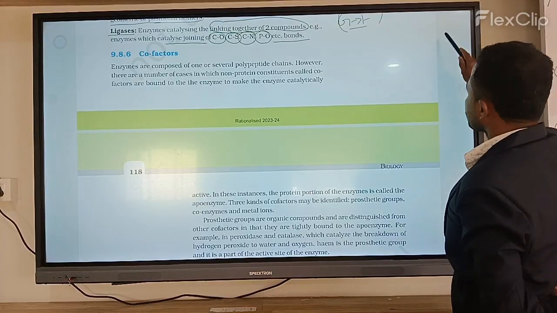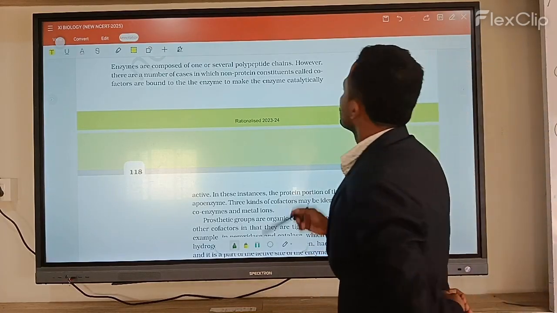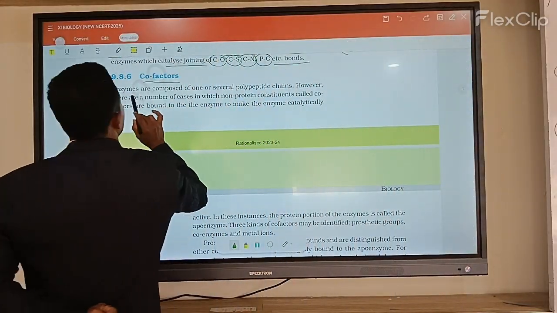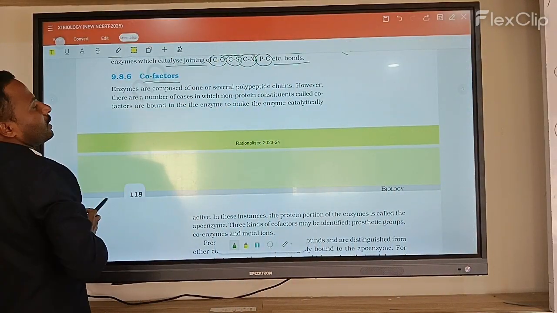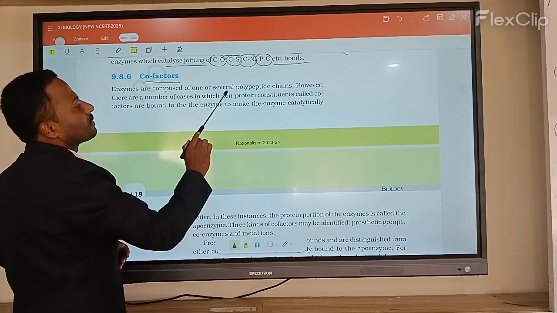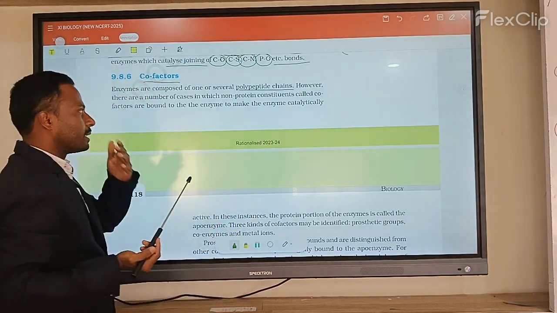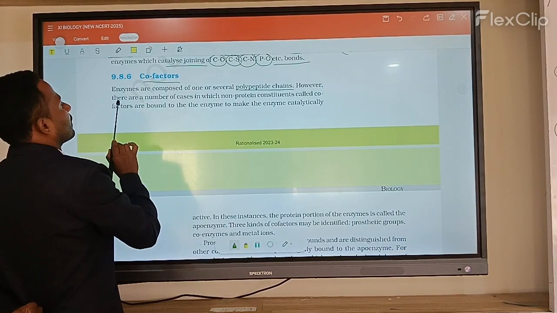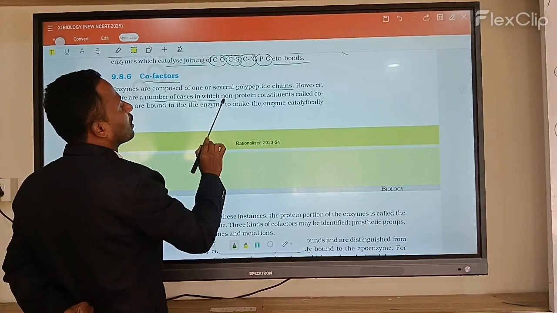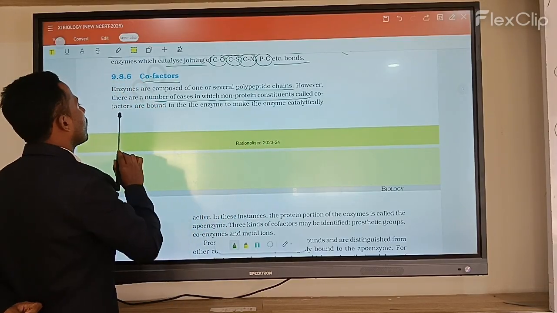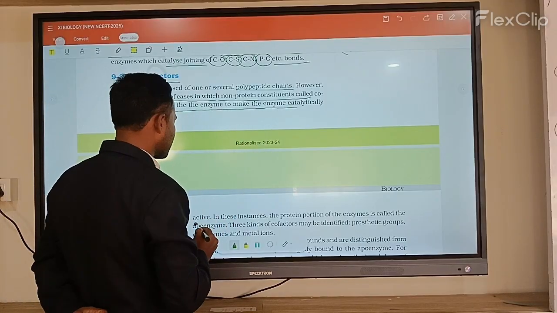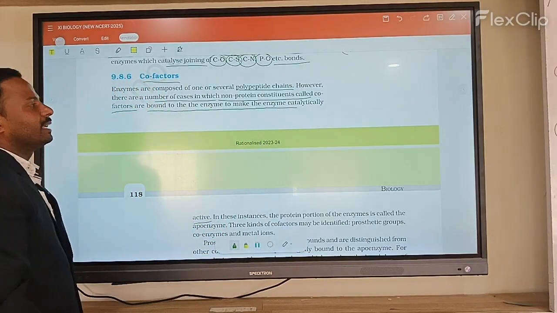Next, cofactors. In the case of cofactors, the enzyme is composed of one or more polypeptide chains. However, there are non-protein constituents called cofactors that bind with the enzyme to make it catalytically active.